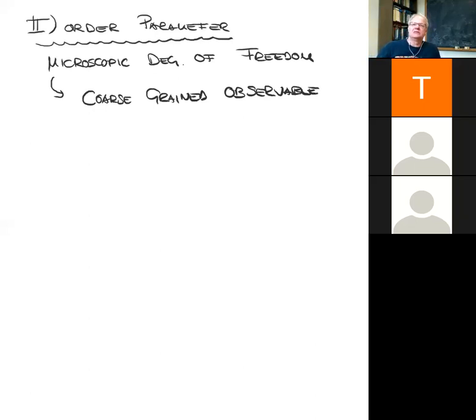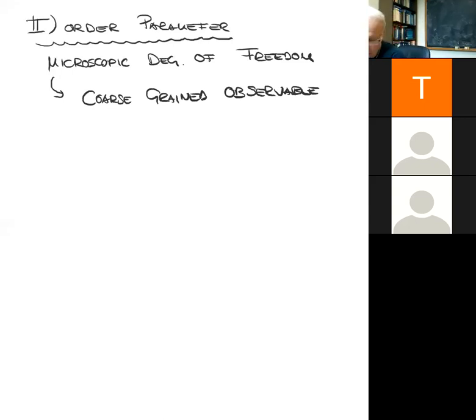The whole system has 10 to the 23 atoms, and you can locally look at some neighborhood and construct an observable that somehow knows about the position of the nearest 1,000 atoms or something like this. So that's what's meant by coarse graining, that there's some scale which is much bigger than the distance between any two microscopic degrees of freedom, but much smaller than the overall size of the system.